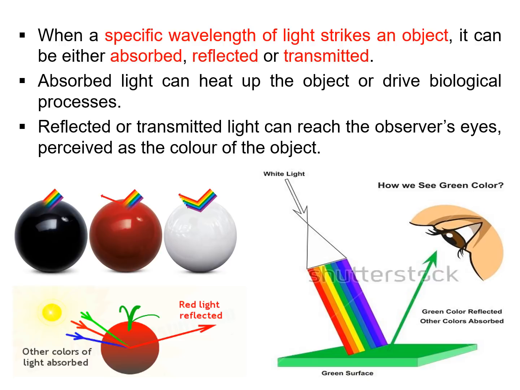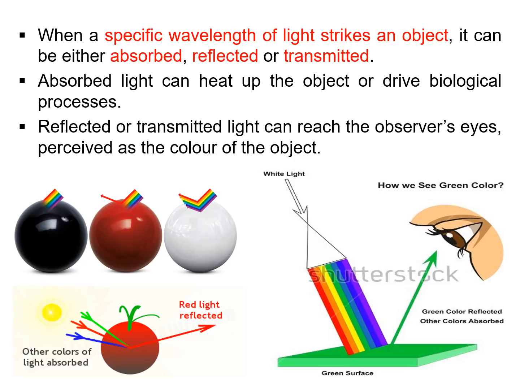Absorbed light can heat up the object or drive biological processes. Meanwhile, reflected or transmitted light can reach the observer's eyes, perceived as the color of the object. I repeat again, absorbed light can heat up the object or drive biological processes.